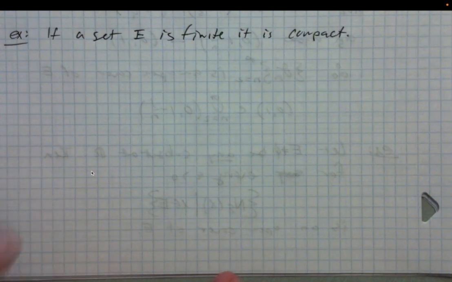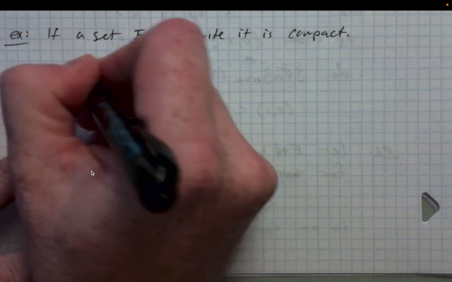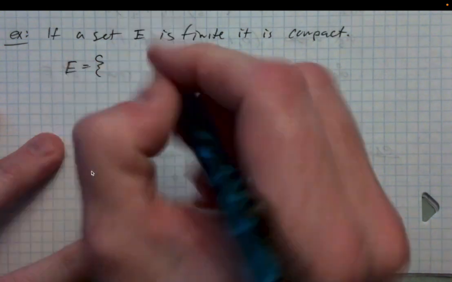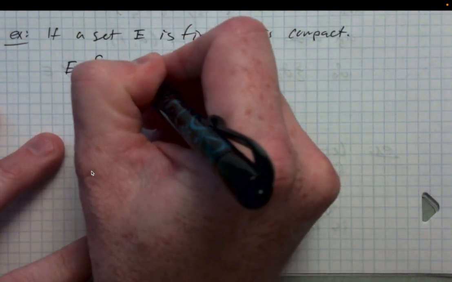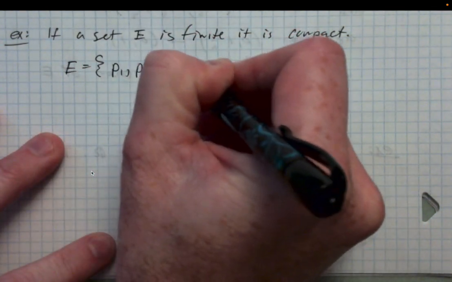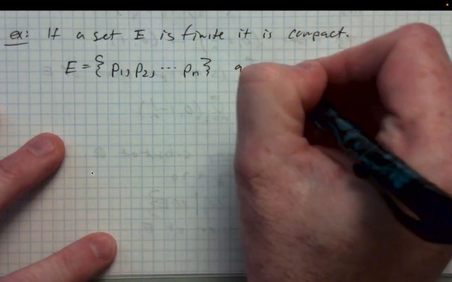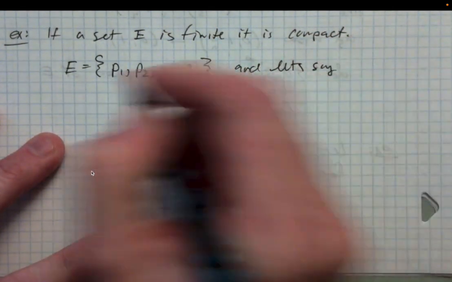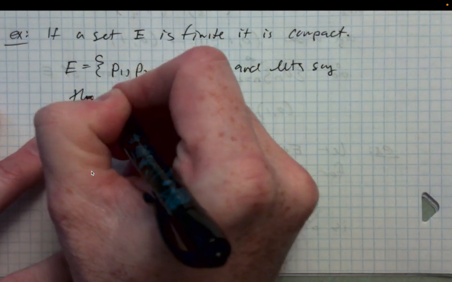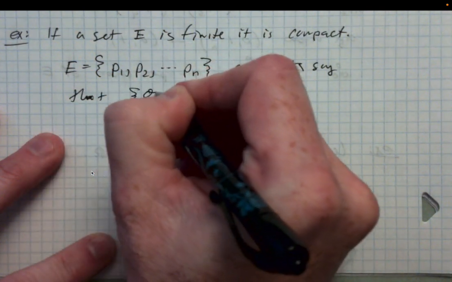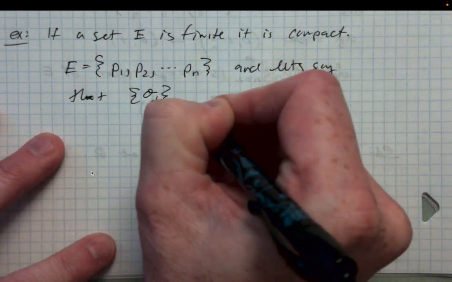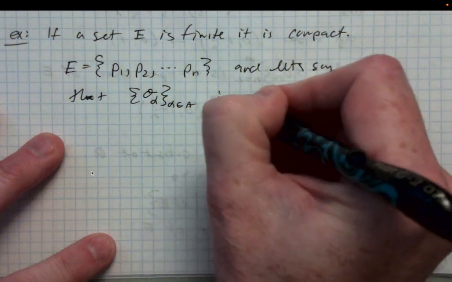Let's see why. Let's take our set to be just some arbitrary finite set, P1, P2, through Pn, and let's say that O alpha, alpha in A, is an open cover.